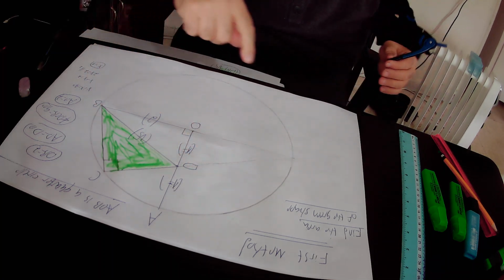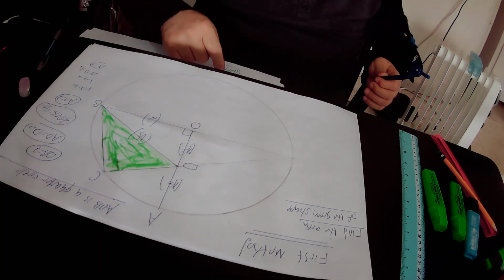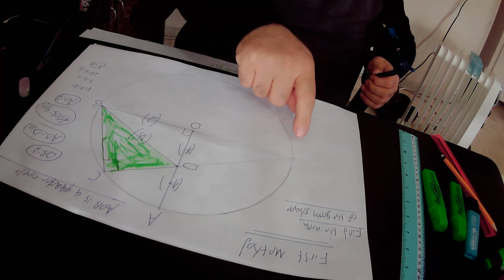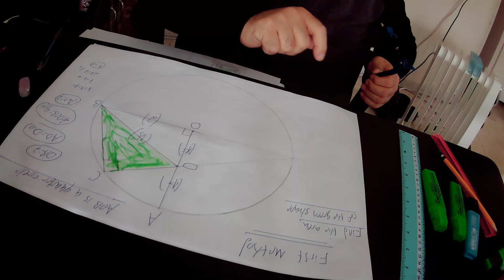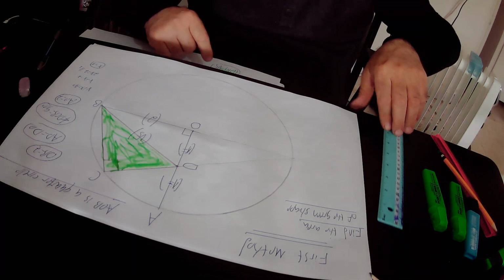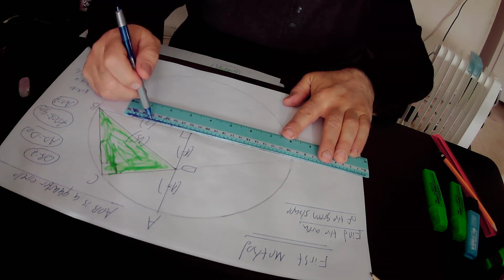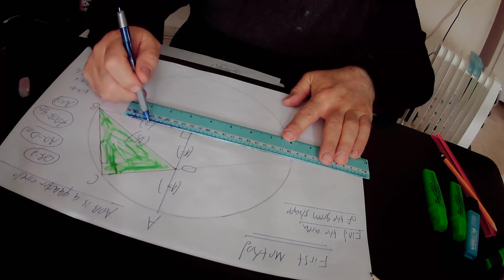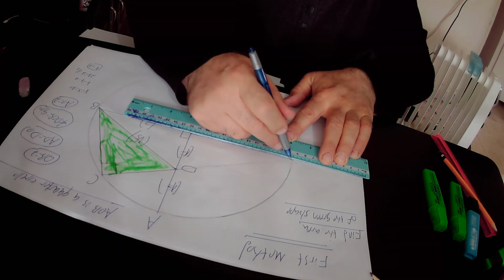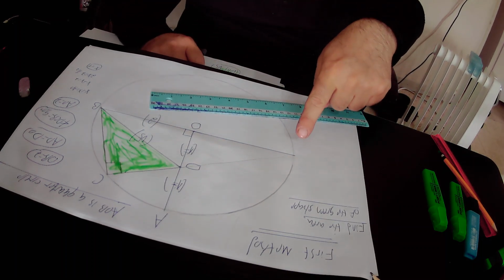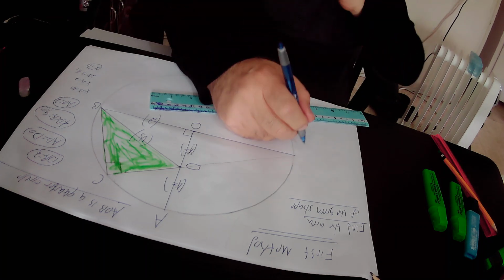In the next step, we'll extend the radius BO by a straight line until it touches the circle at this point, and we'll define the touching point of the extended radius BO with this circle as point P.